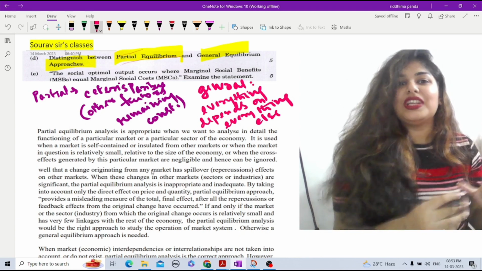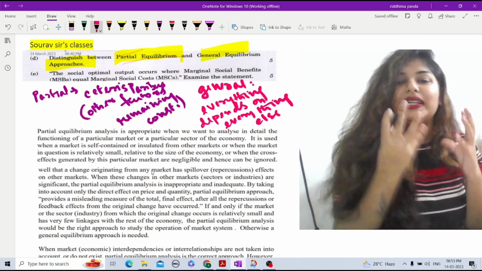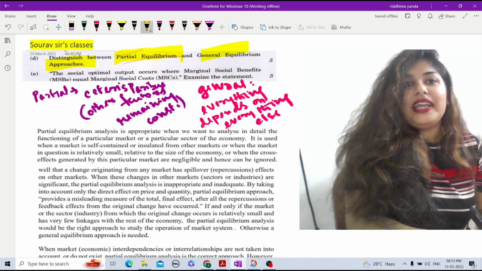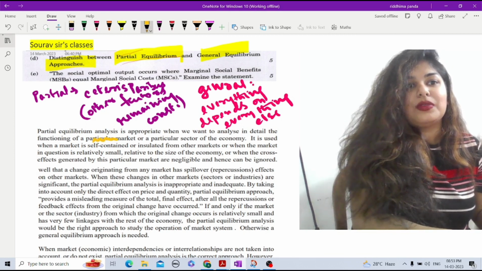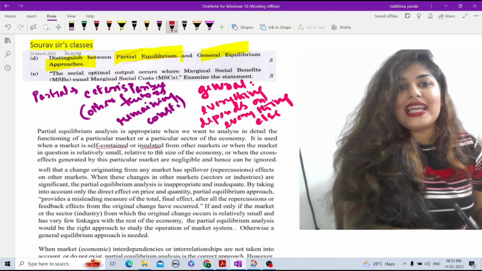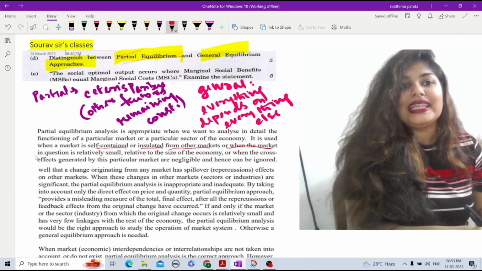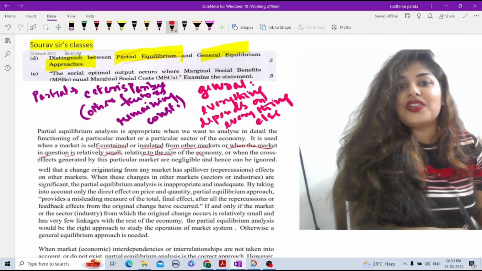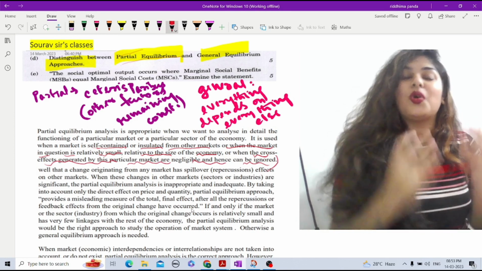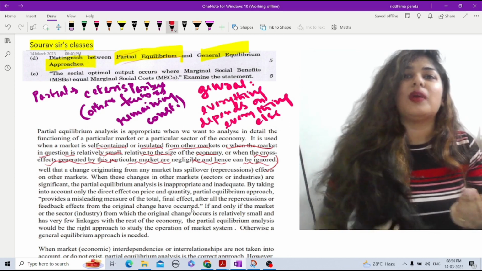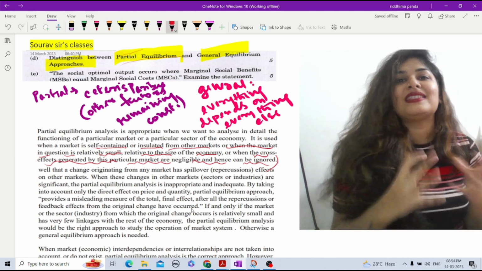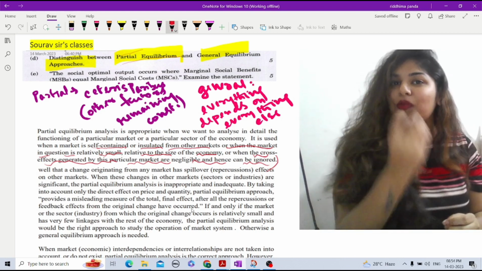Okay, so basically in partial equilibrium analysis, we talk about a particular market or a particular sector, so whenever there is a market that is self-contained or insulated or isolated, meaning it does not have much effect on other things, we can use this, right? So here it is self-contained or insulated from other markets, or when the market in question is relatively small relative to the size of the economy, or when the cross effects generated by the particular market are negligible and hence can be ignored. So if the market size is very small compared to the economy, so that the impact on others is not large, or if it is an isolated, self-contained market, in such positions if we want to do an analysis, we can do partial equilibrium analysis.